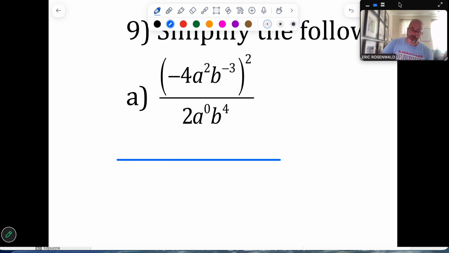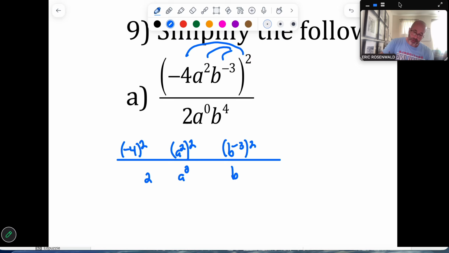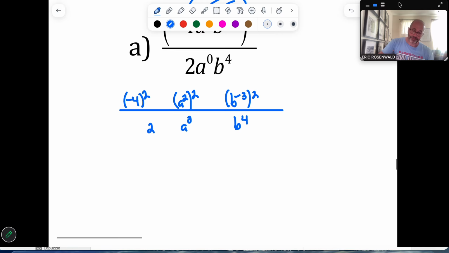Ready? Okay, distribute everything. We have negative 4 to the 2nd, a to the 2 to the 2, b to the negative 3 to the 2, 2, a to the 0, and b to the 4th. These are separate little parts here. Okay, on the first part, we have 16, a to the 4th, b to the negative 6.